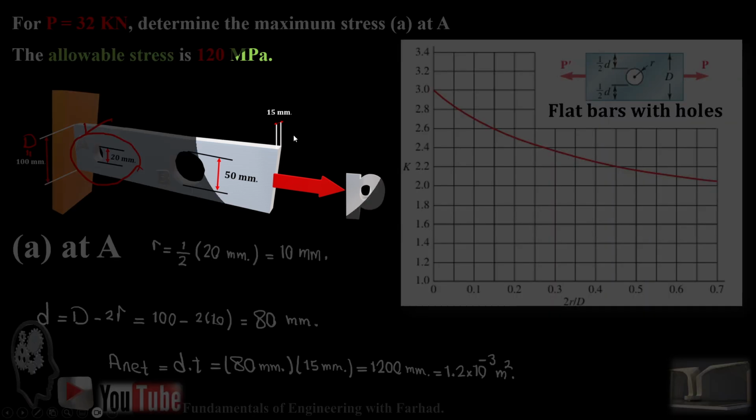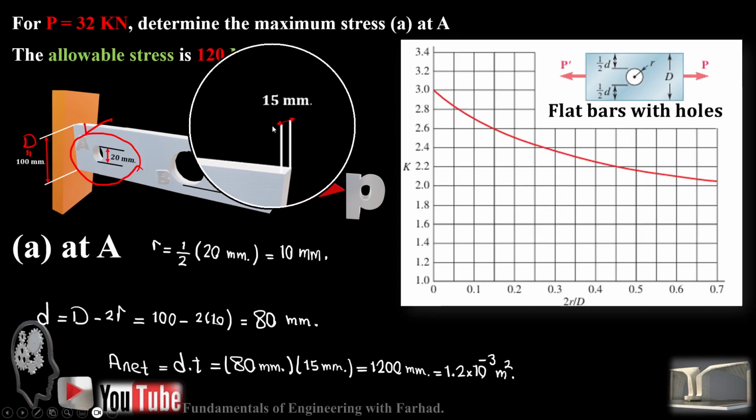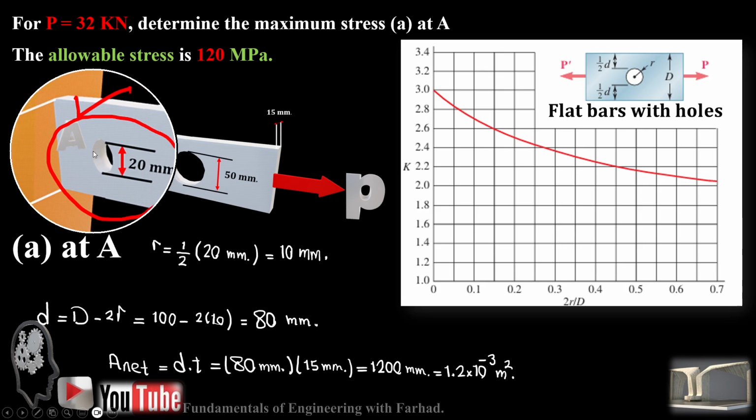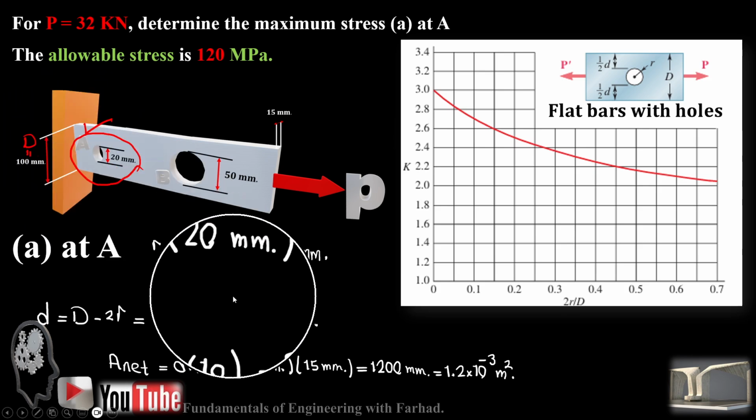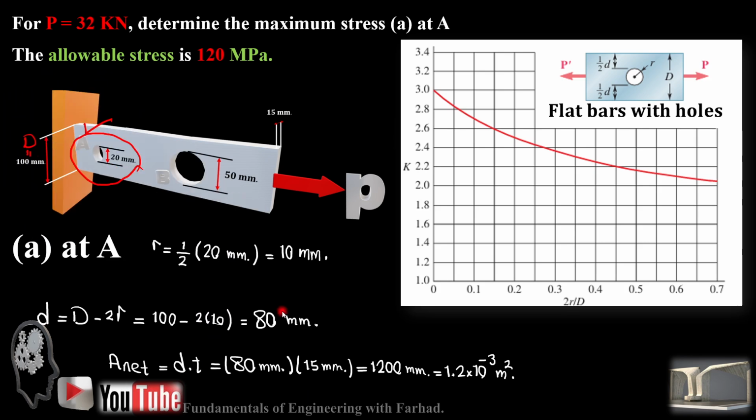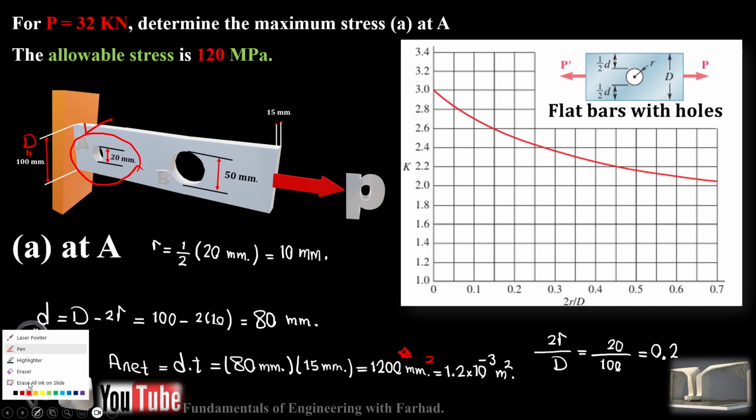The thickness of the plate is provided to be 15 millimeters, and d is equal to 100 minus 20, which is 80, so 80 times 15 millimeters is equal to 1200 square millimeters. Convert that to meters, that's 1.2 times 10 to the negative 3 meters squared.